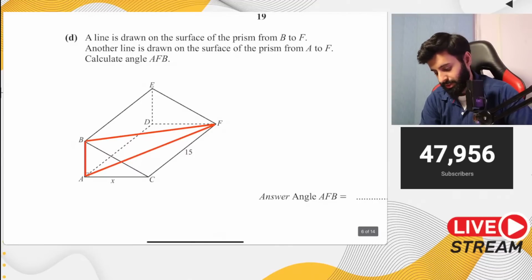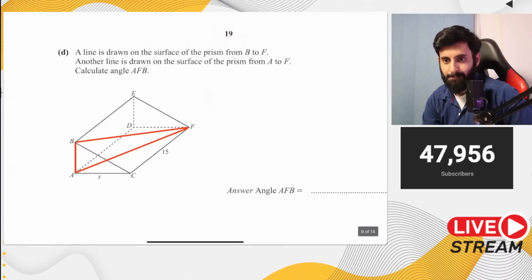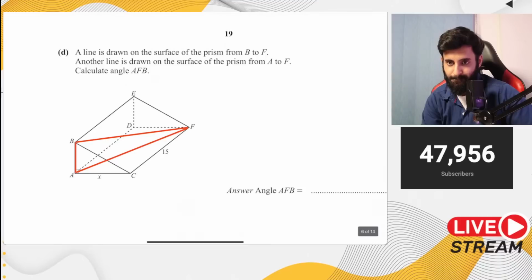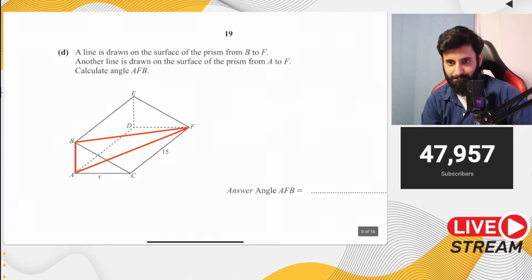This is a 4-mark question, by the way. A right angle triangle, that is correct.